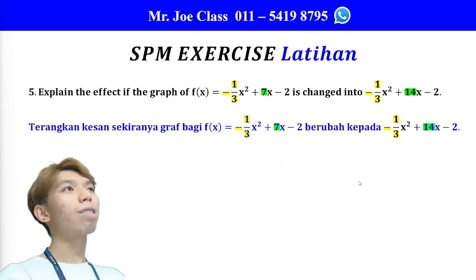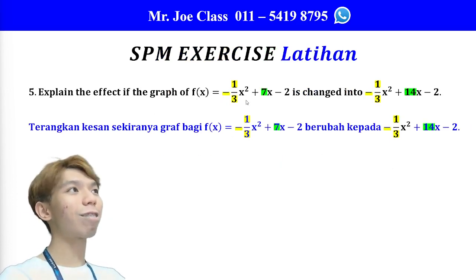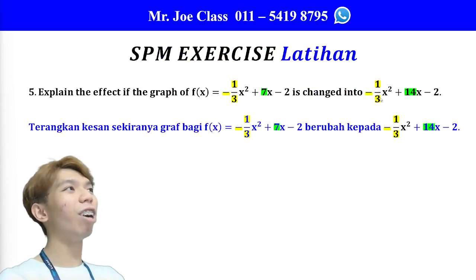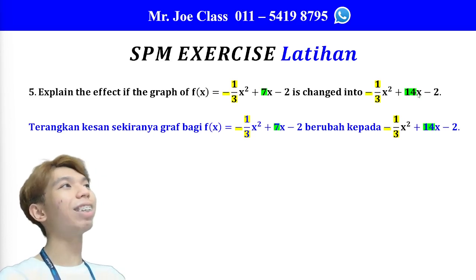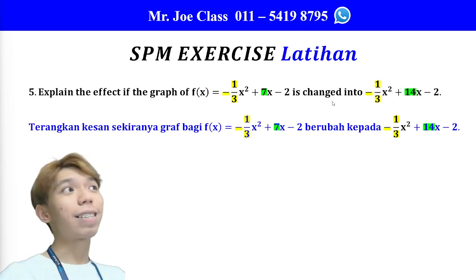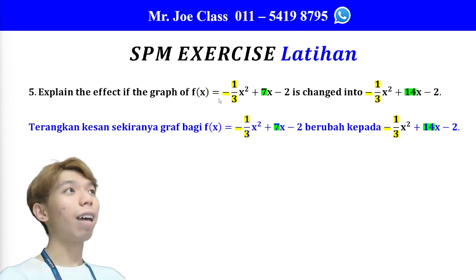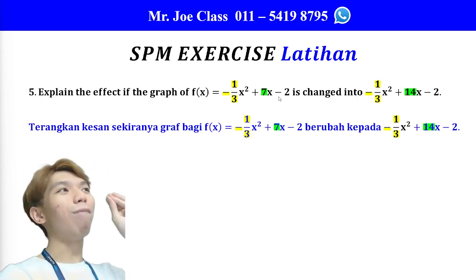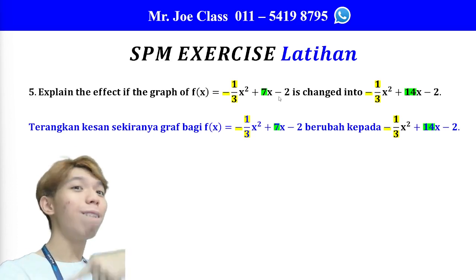Now, explain the effect if the graph of f(x) negative 1 over 3 x squared plus 7x minus 2 is changed into negative 1 over 3 x squared plus 14x minus 2. So, a is a negative value, but the positive value of b becomes greater.